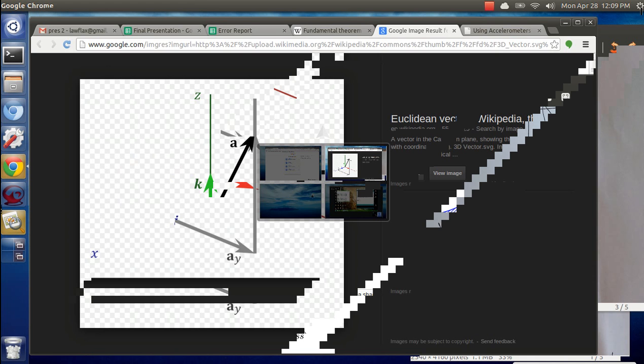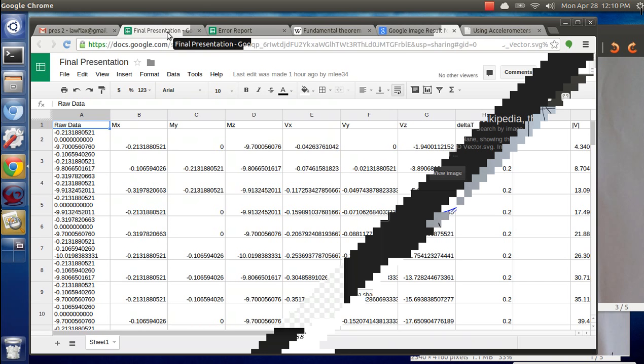And to do my calculations, before I wrote an app to do all of it for me, I wanted to prove the concept first. So I made these spreadsheets where, in this column, I throw in the raw data I got from that serial monitor I just showed, and I break it into the 3 separate vectors: what I measured for my x, y, and z's.